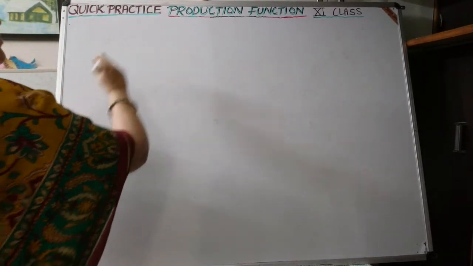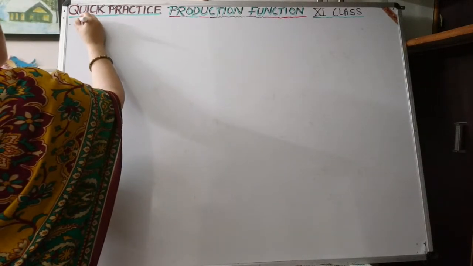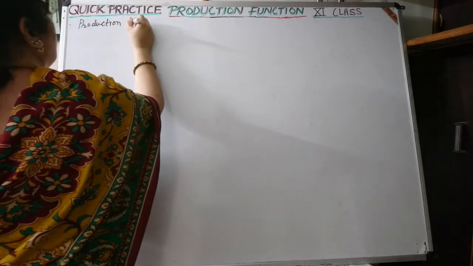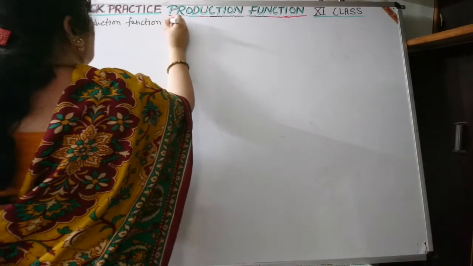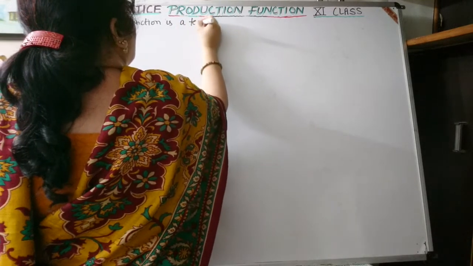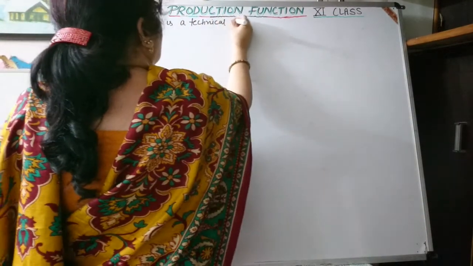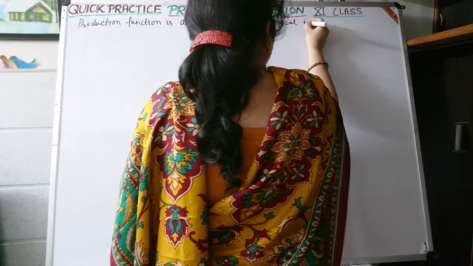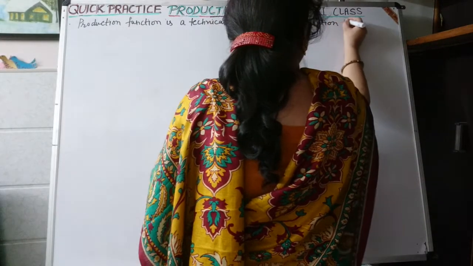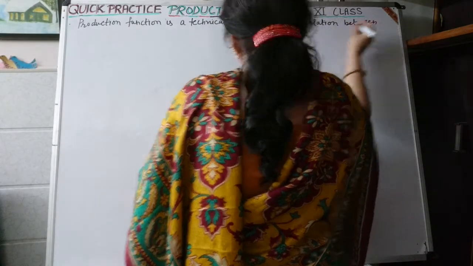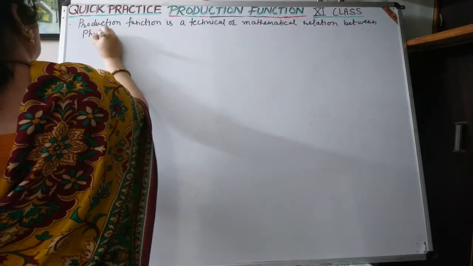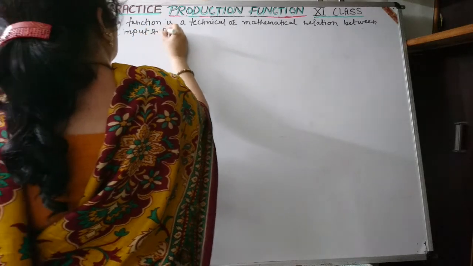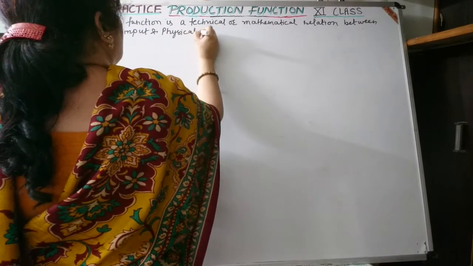So let us start with the meaning of production function. Production function is a technical or mathematical relation between physical input and physical output.